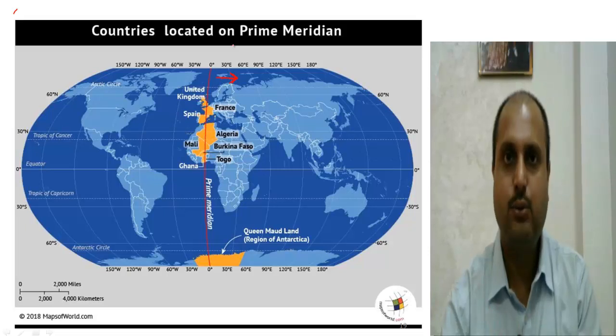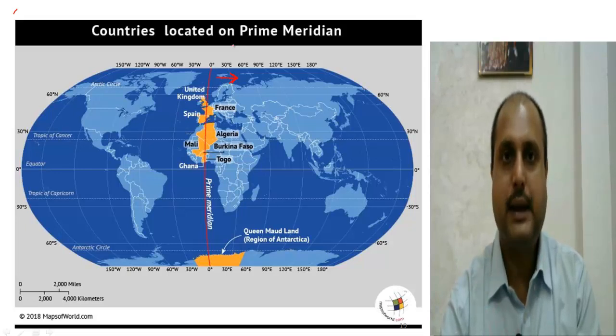That is how by calculation you can determine the time of any place, because for every one longitude there is a time difference of 4 minutes. So you can calculate how many longitudes are located between the country and the GMT, and after determining the longitude you can multiply the longitude by 4, and that is how you can calculate the time.